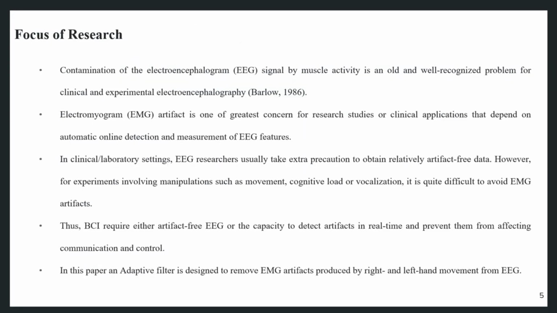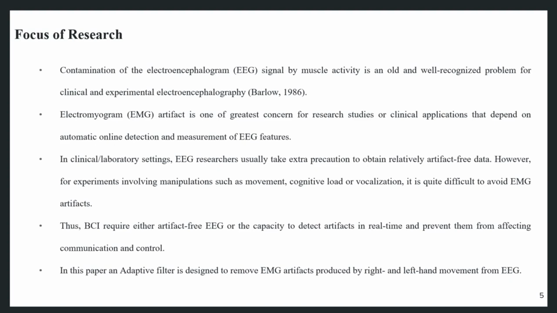EEG signals are highly prone to different types of noises and artifacts. Motion artifact is one of our major concerns, that is caused due to muscle movements, respiration, eye blinking, etc. So in this study we modeled the electrical activity caused due to muscle movement, that is measured with EMG, modeled out that activity and filtered it out from the EEG signal.